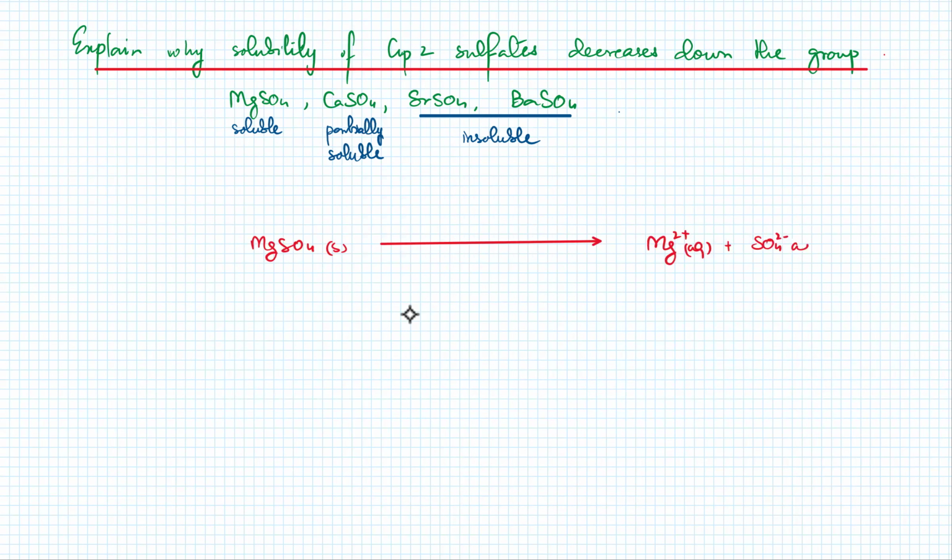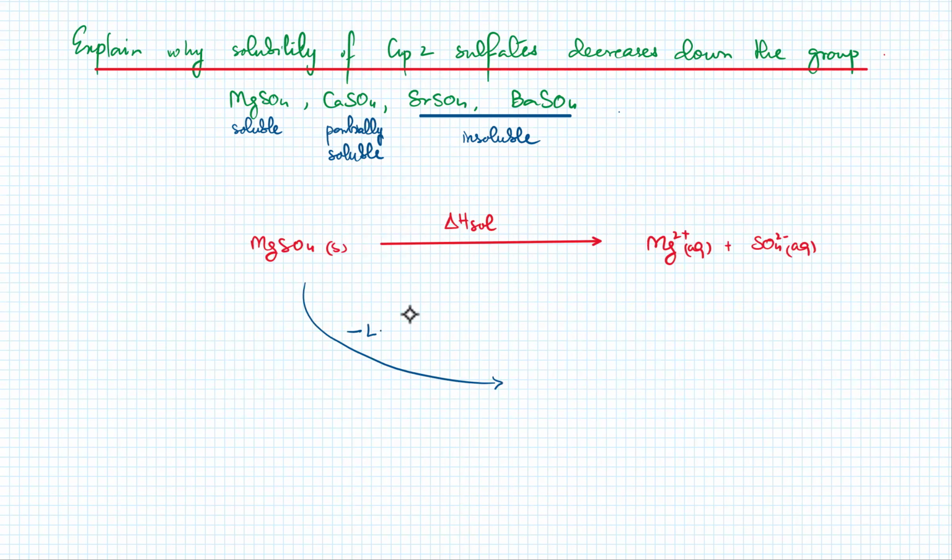And there'd be two steps. One is you're going to break the lattice, so you break the lattice and it turns into gaseous ions. That's negative of lattice energy, or the opposite of lattice energy. So it forms gaseous ions. And then you mix them in water and they end up forming aqueous ions.